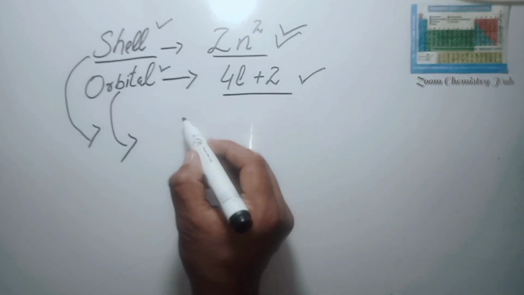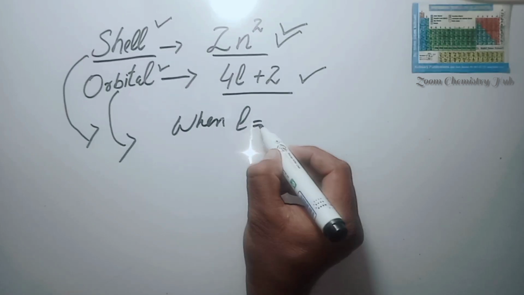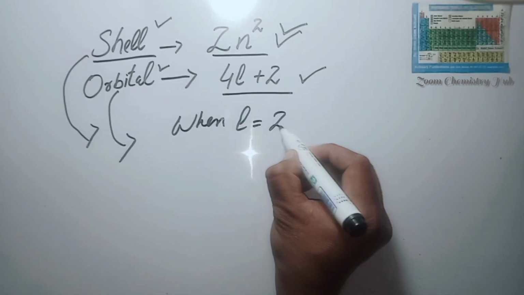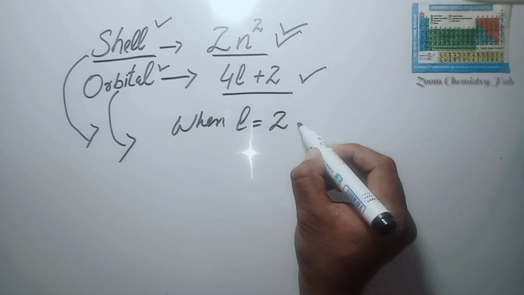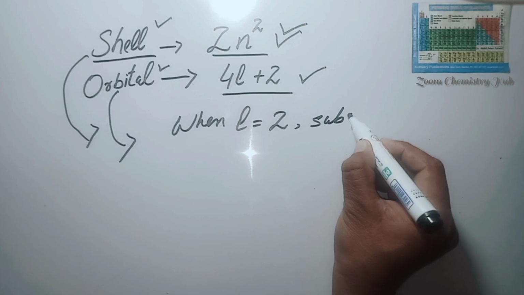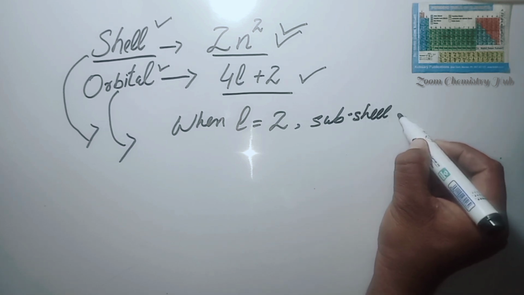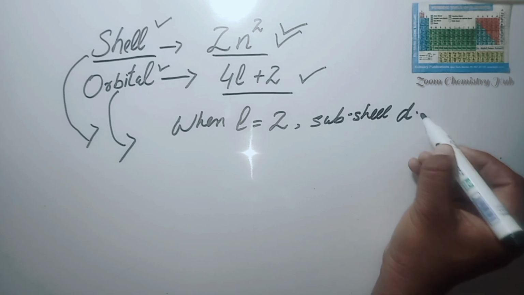Similarly, when the l value is 2, then the subshell is d.